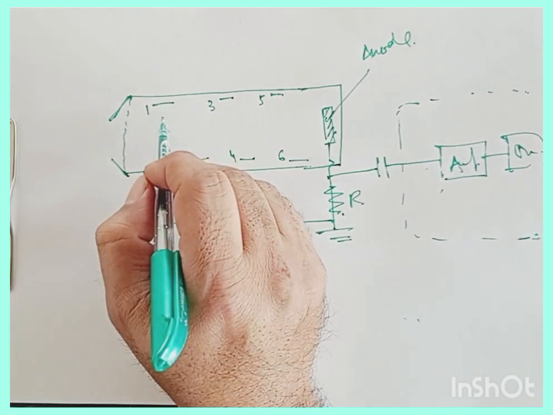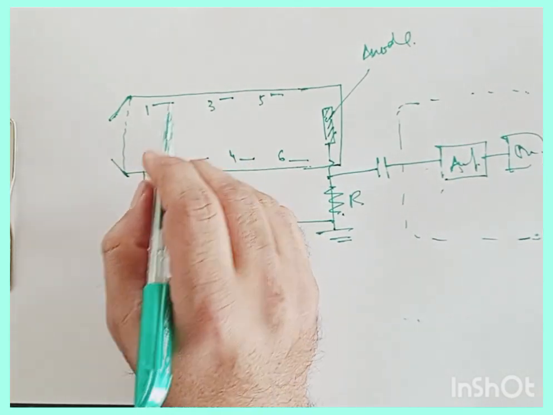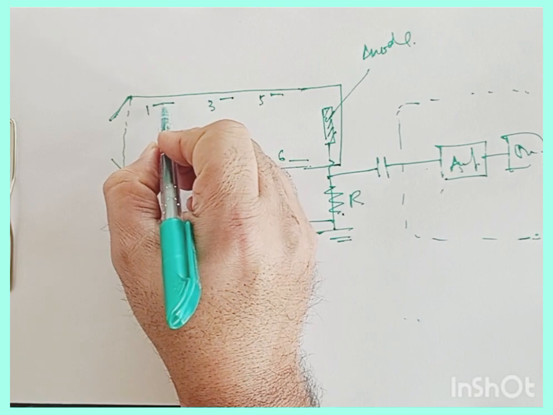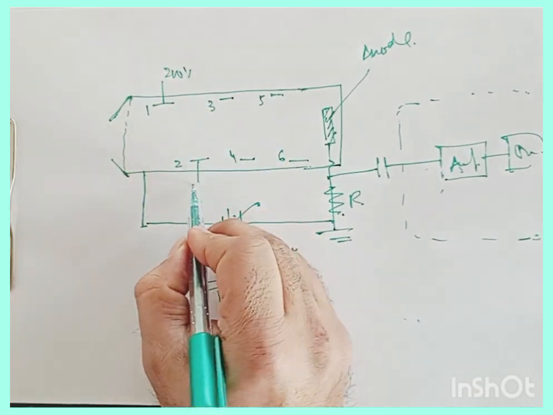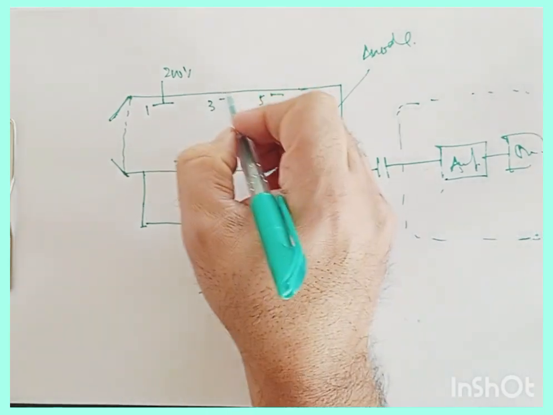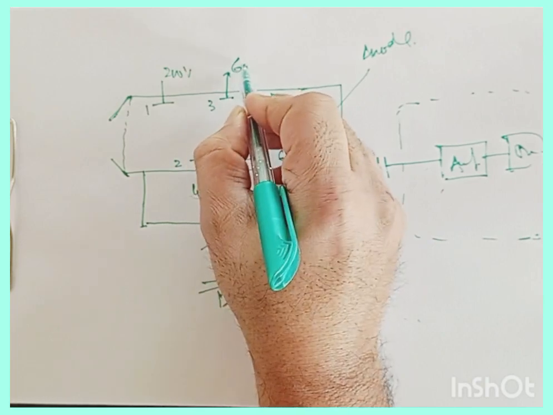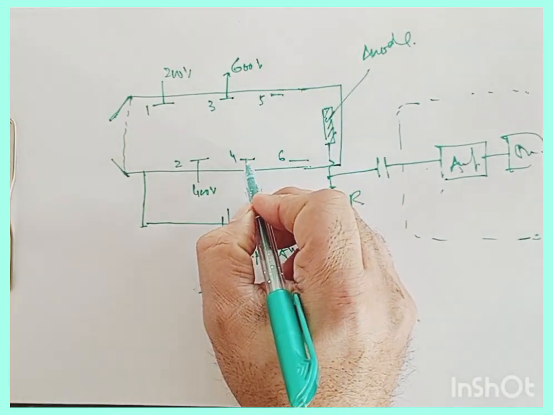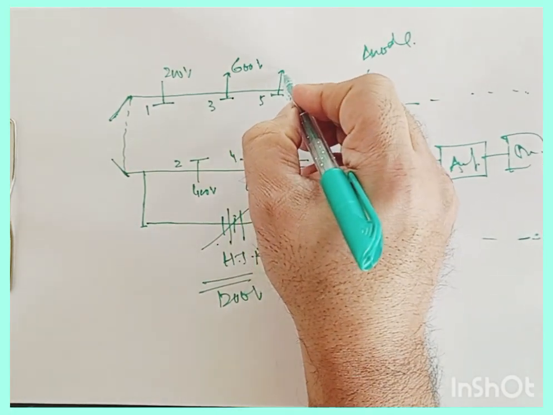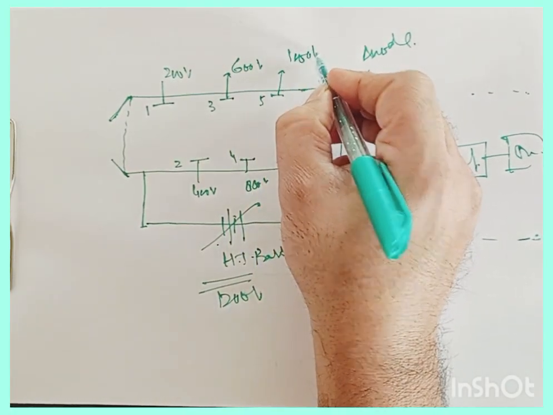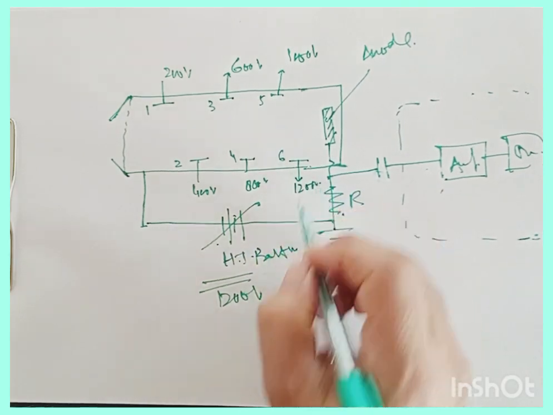These electrodes are maintained at some potential. The first one is at 200 volts, the second one is at 400 volts, then 600 volts. Then we will have here 800 volts, on 5 we will have 1000 volts, and at 6 we will have 1200 volts.